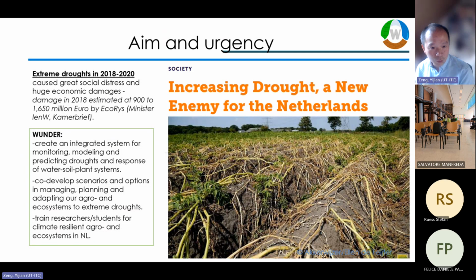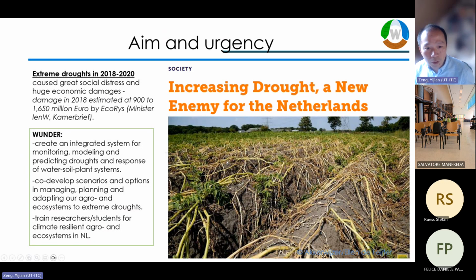With this soil plant digital twin, we are also trying to develop scenarios and options for managing or planning the agro-ecosystems and adapting to this drought impact, and of course do some training and capacity building.